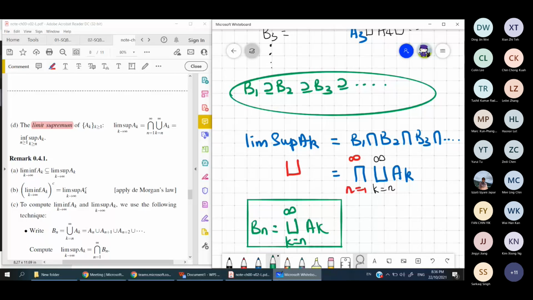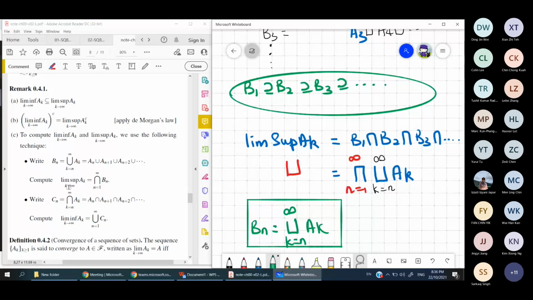So this is how we compute the limit supremum. That is the formula here.